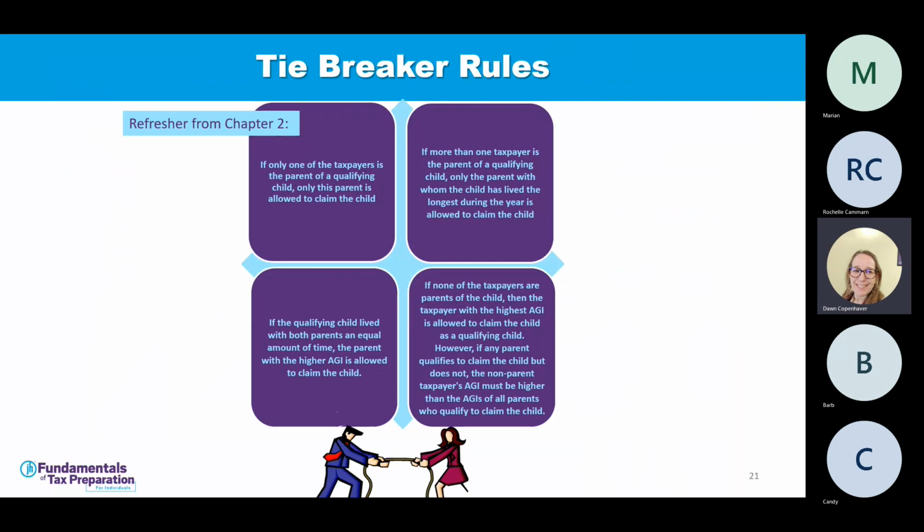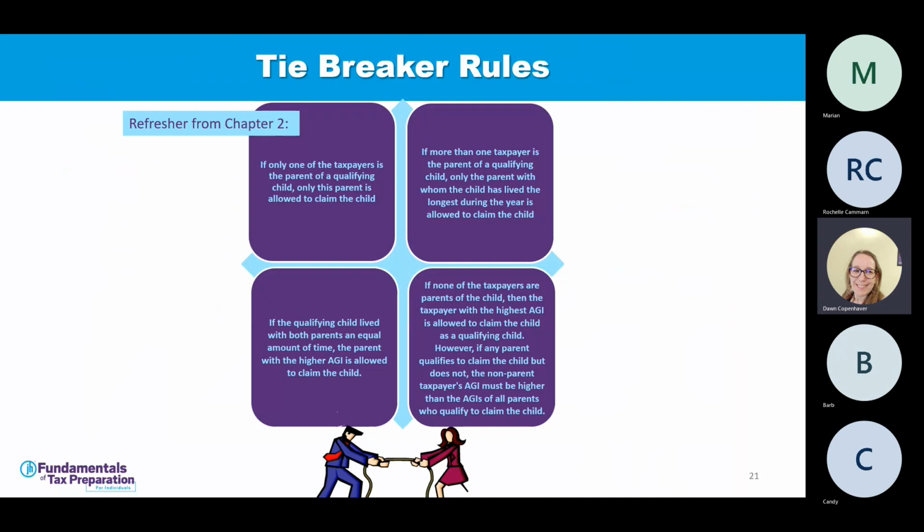If more than one taxpayer is the parent, the person with who the child lived the longest is allowed to claim the child. If the child lived with both parents equally, so this would be like an unmarried couple, the parent with a higher adjusted gross income is allowed to claim them. And if none of the taxpayers are the parent of the child, then the taxpayer with the highest AGI is allowed to claim the child as a qualifying child.